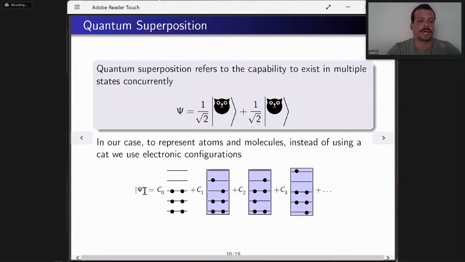In this example, I'm representing a generic wave function. These numbers, which I will call coefficients, are multiplying each one of these configuration states. So actually, when we solve the Schrödinger equation, what we obtain are those coefficients. So we know how to obtain the wave function: by the Schrödinger equation.